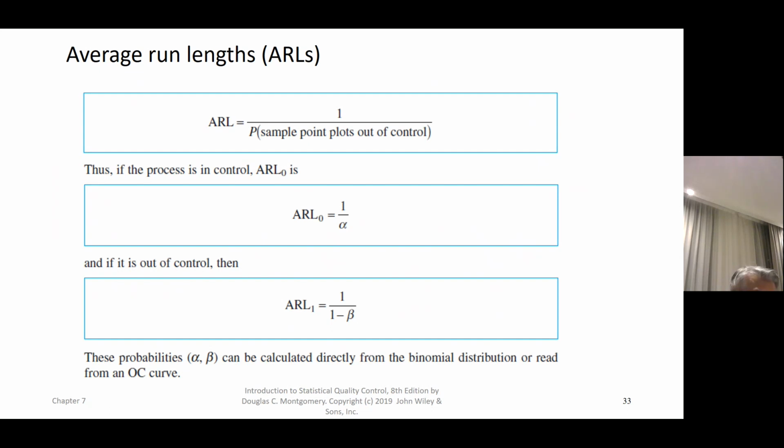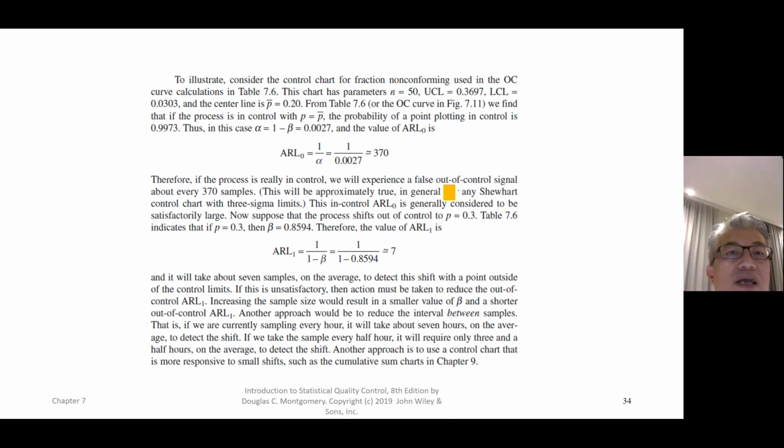In the final test, we would like to ask you how to perform the calculation of the type 1 error and type 2 error, ARL in and ARL out. To illustrate, consider the control chart for fraction nonconforming using the OC curve calculation in Table 7.6.